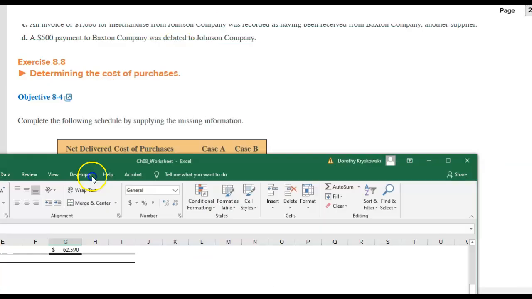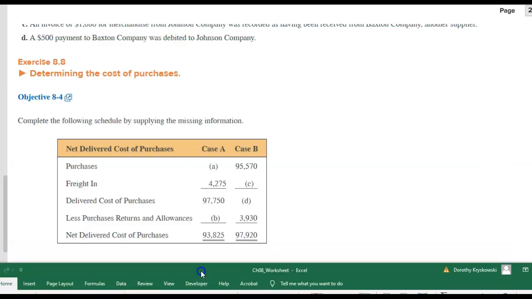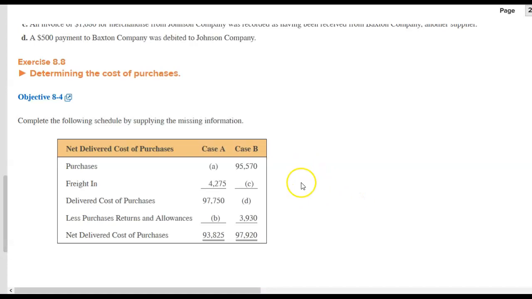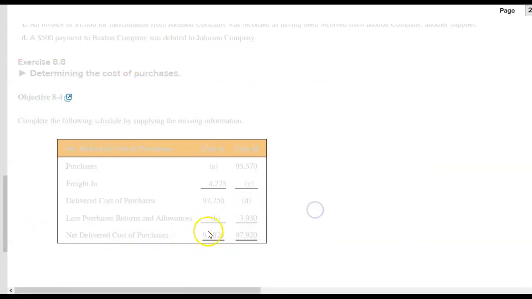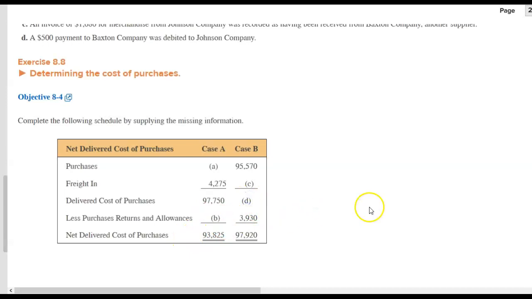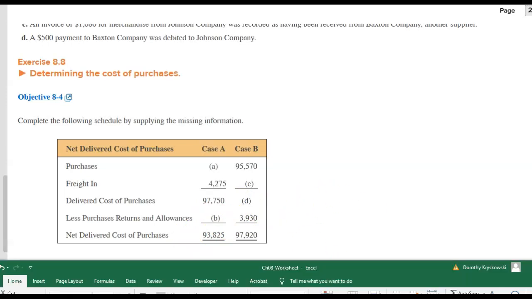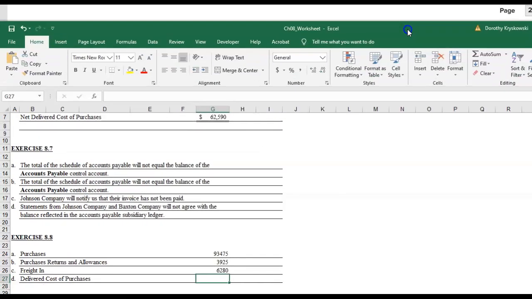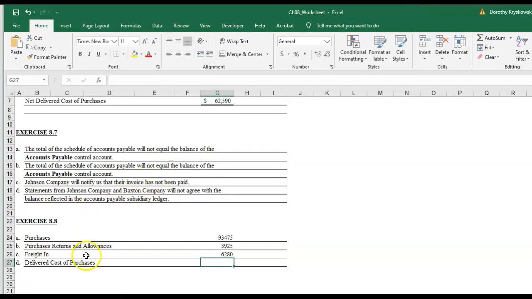Delivered cost of purchases. I have an amount of... hold on one second. I see. Okay. D. Need to figure out D. C. Nah, that doesn't make any sense.